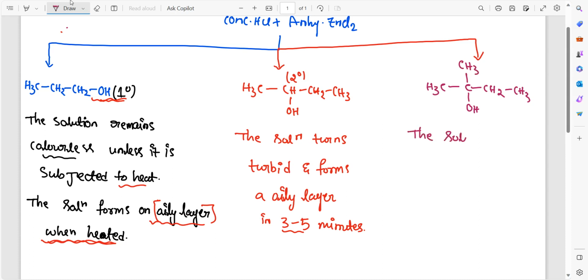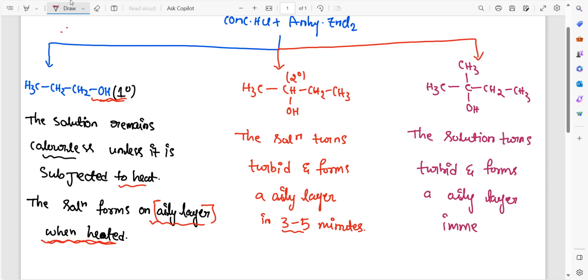The solution turns turbid and forms the oily layer immediately.